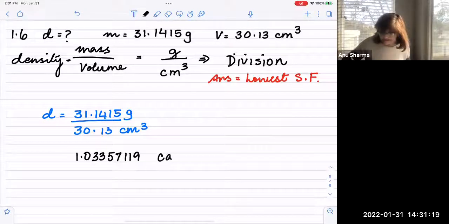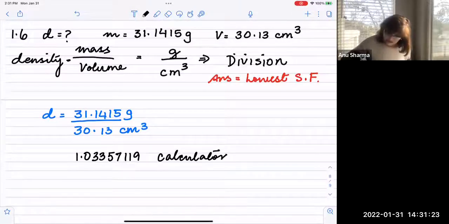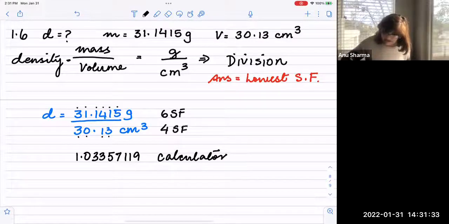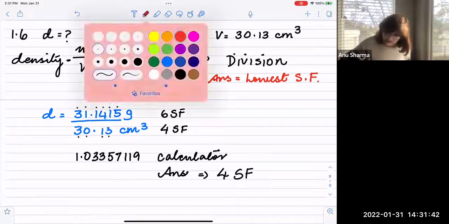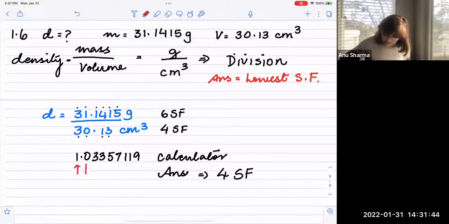Okay, that is the calculator reading. So here, let's count this. 1, 2, 3, 4, 5, 6, 6 significant figures. This guy has 1, 2, 3, 4, 4 significant figures. So the answer should have 4 significant figures. So we need to keep this number, and this number.